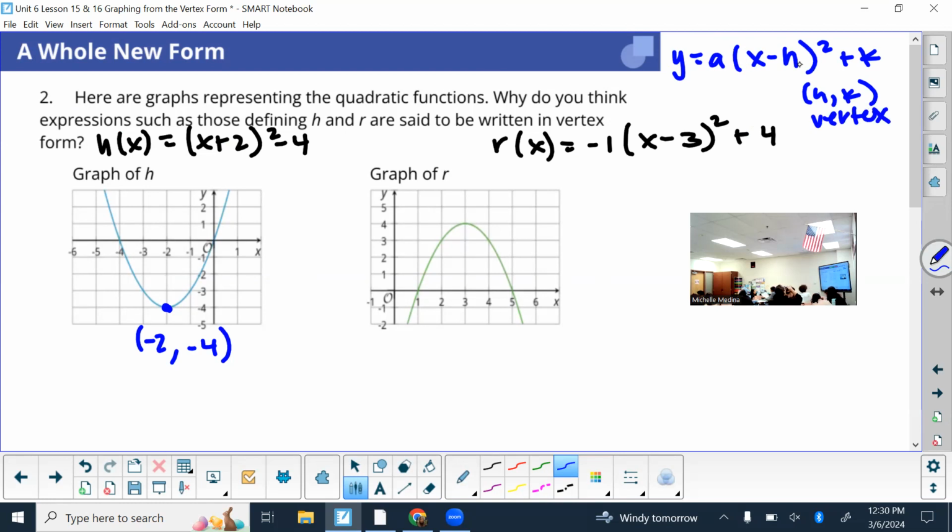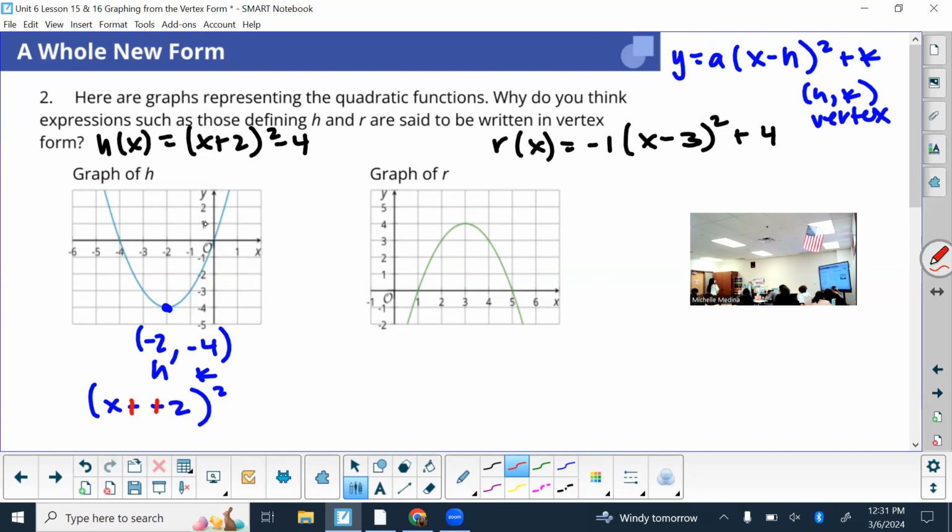It's x minus whatever h is. So if h is a -2, like ours is, when I plug it in, it's x minus a -2. What happens with that double negative? It becomes a positive. So that's why in the equation it looks positive, but the h is actually negative.